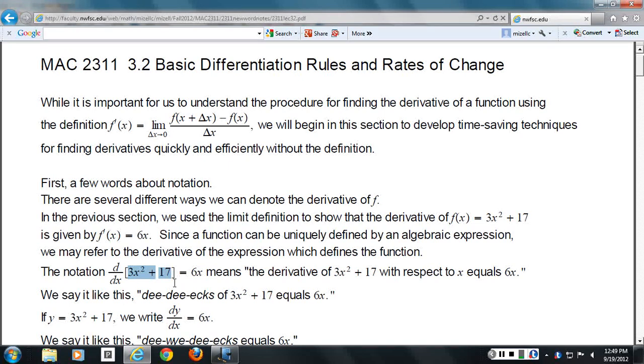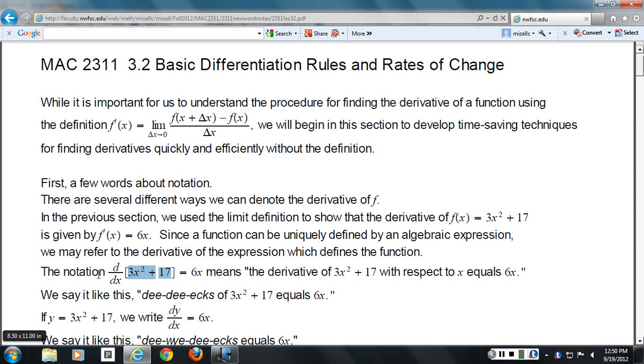When we do that, we need notation that says the derivative of this expression with respect to x. It might have other variables in there, or unknown constants. If it were ax squared, maybe a is just a constant, but it's unknown, so we're wondering, what's the variable? Is it a? Is it x? So we need to know the variable with respect to which we're differentiating.